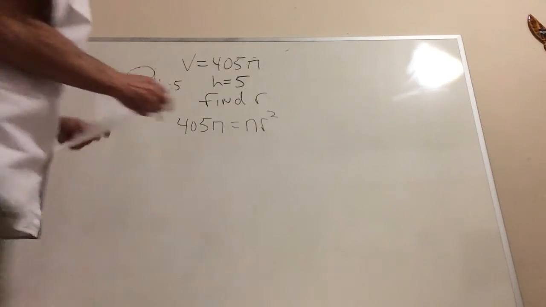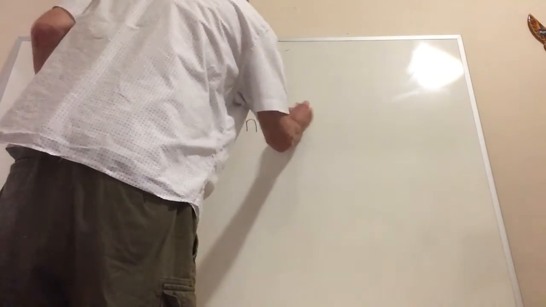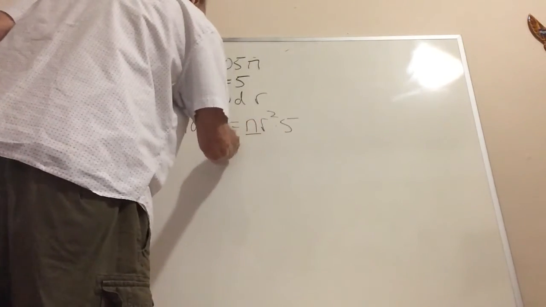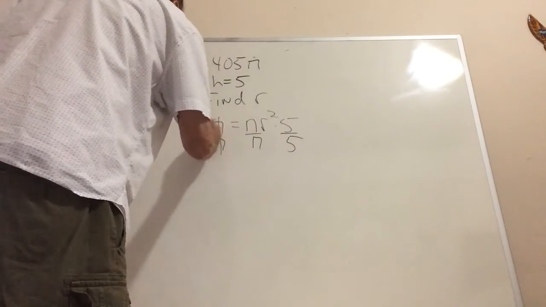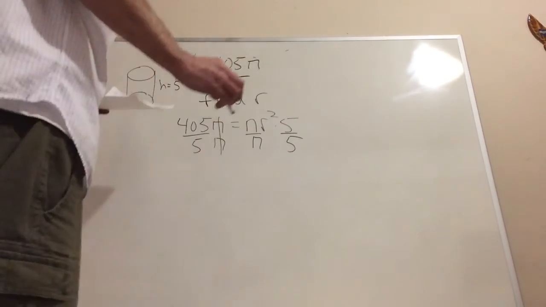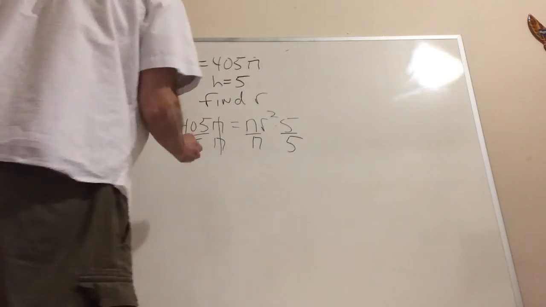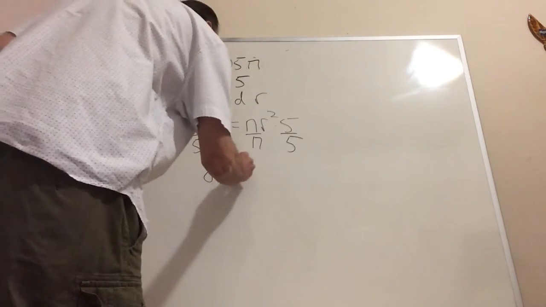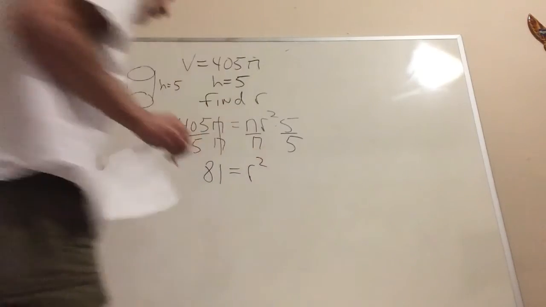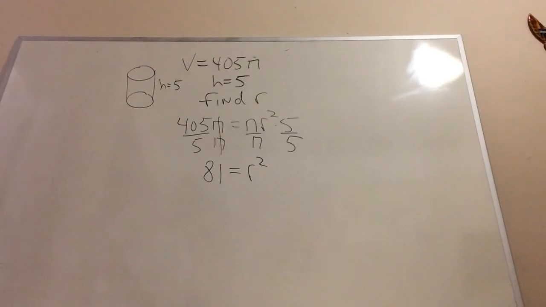It's really impossible. Times 5. Okay? So I divide by pi. Goodbye. I divide both sides by 5. And when I do that, 405 divided by 5 happens to be what? 81. Oh, isn't that so nice? A nice little perfect square.